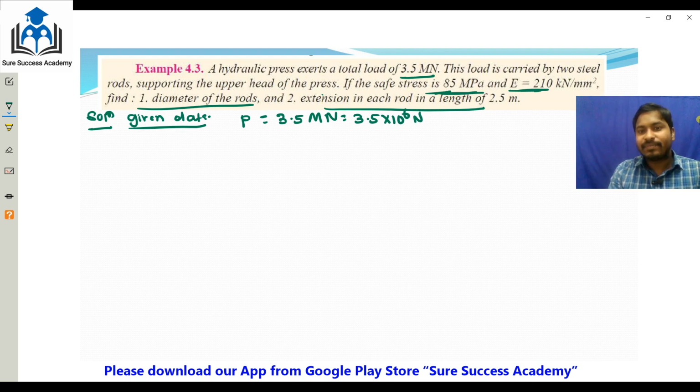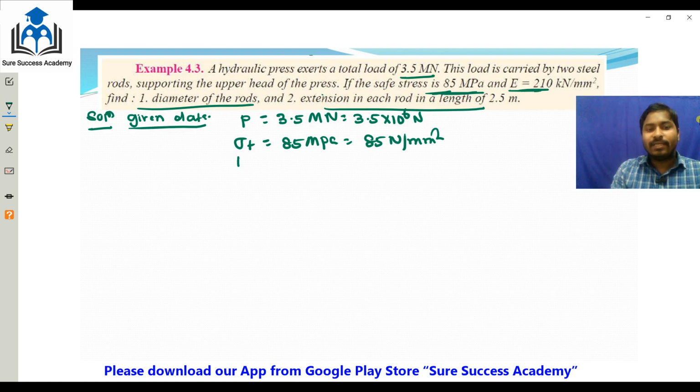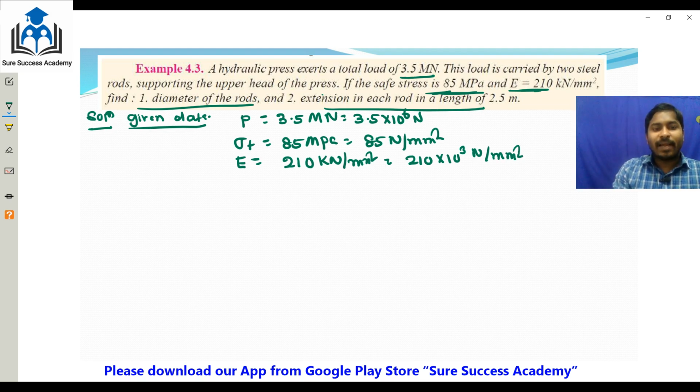He has given the safe tensile stress as 85 MPa, which is 85 Newton per mm square, and the Young's modulus is 210 kilonewton per mm square, which is 210 into 10 to the power 3 Newton per mm square. And he is asking to find the diameter. We will see first the diameter of the rod.